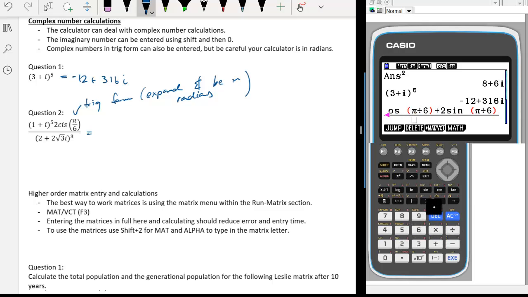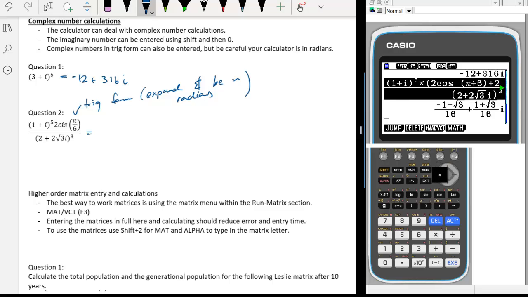And this part is imaginary, so we have to go Shift i. And then on the denominator we have 2 plus 2 root 3 i. Oops, you don't want that to be inside the square root. And that's all raised to the power of 3.